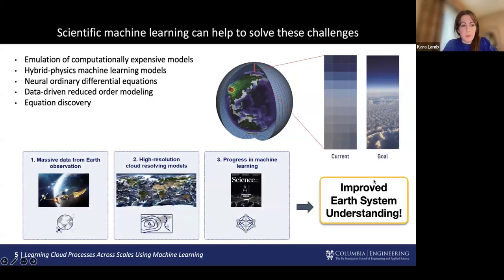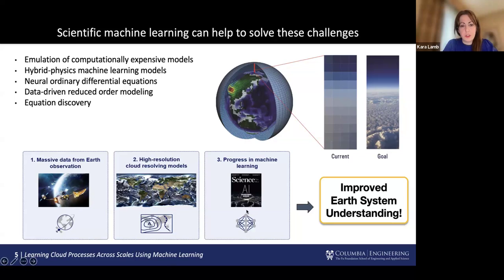This is kind of an optimal time also to do this because there's so much data now available from both remote sensing observations as well as in situ field campaigns that we're not even really taking advantage of all of this. There's also been work on improving these high resolution cloud resolving models, as well as improving large eddy simulations and the ability to accurately model cloud processes.